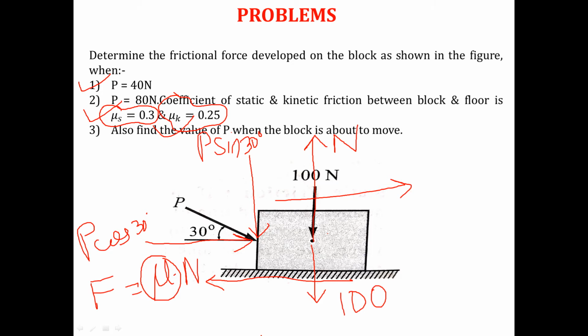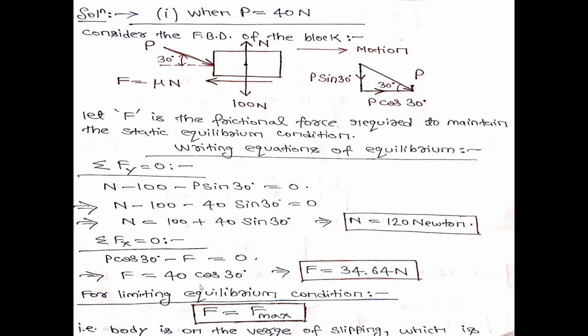If I write the equations of equilibrium, summation Fx equal to 0, I can write plus P cos 30 minus the frictional force F, which is mu times N, is equal to 0.